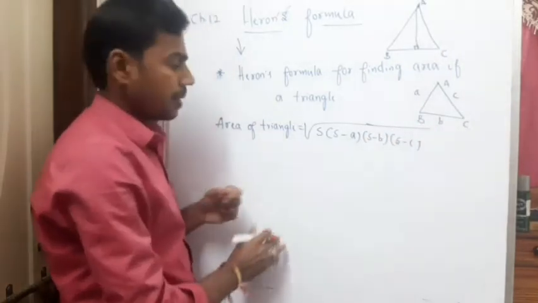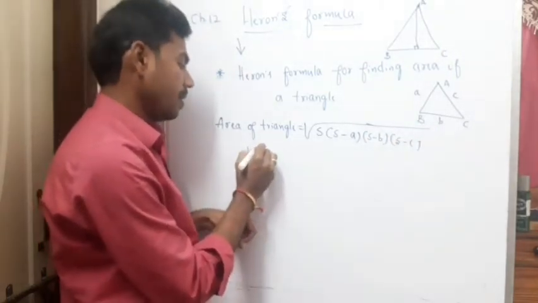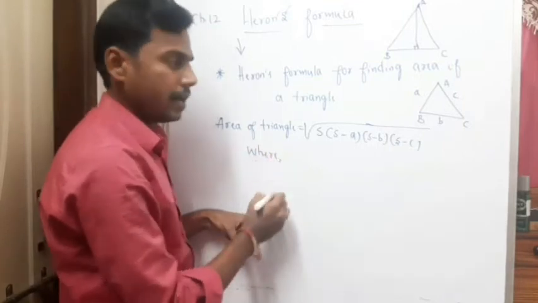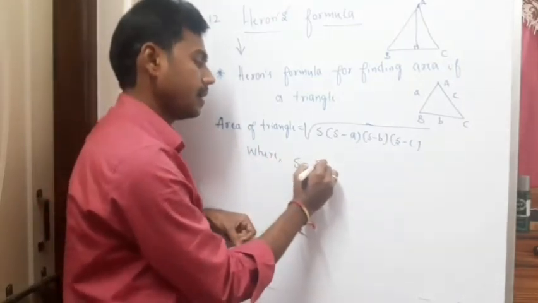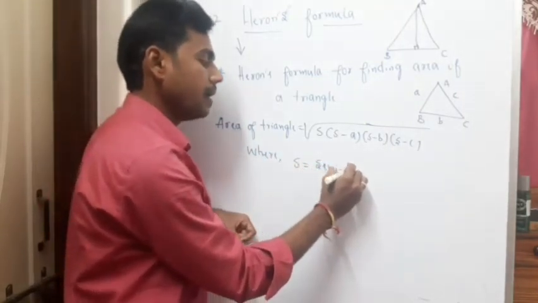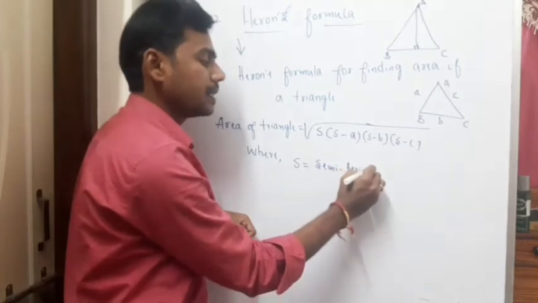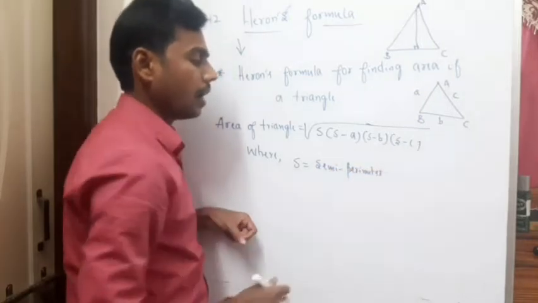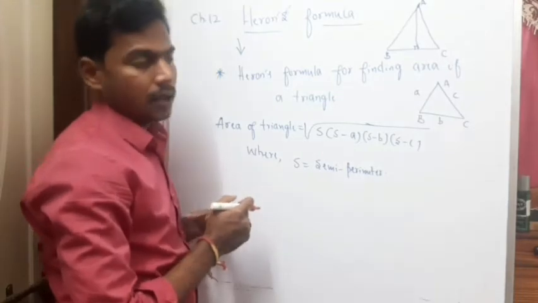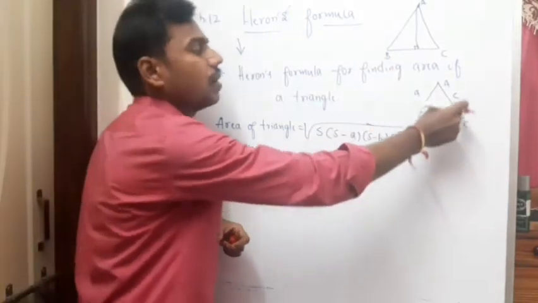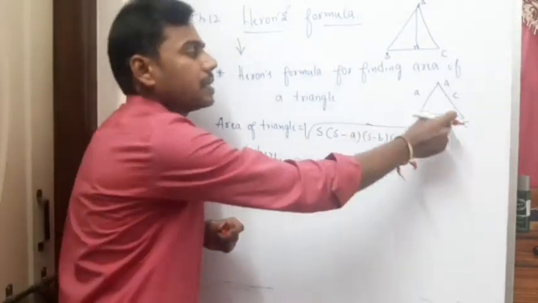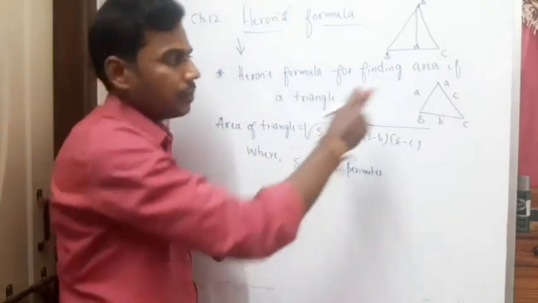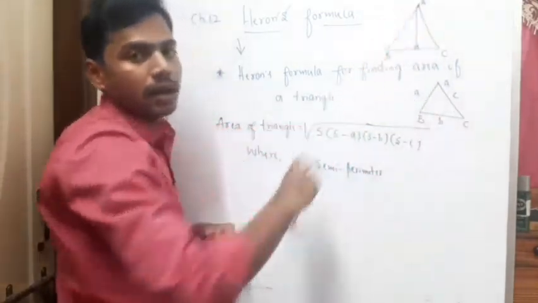This is the formula where S is the semi-perimeter. Semi means half. I hope you understood what is perimeter. In this case, how are you going to find the perimeter? A plus B plus C will give me the boundary of this particular triangle.